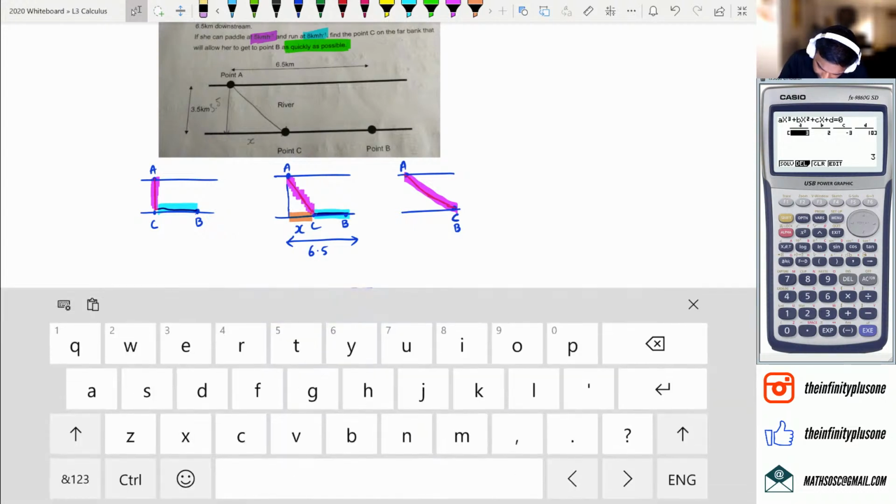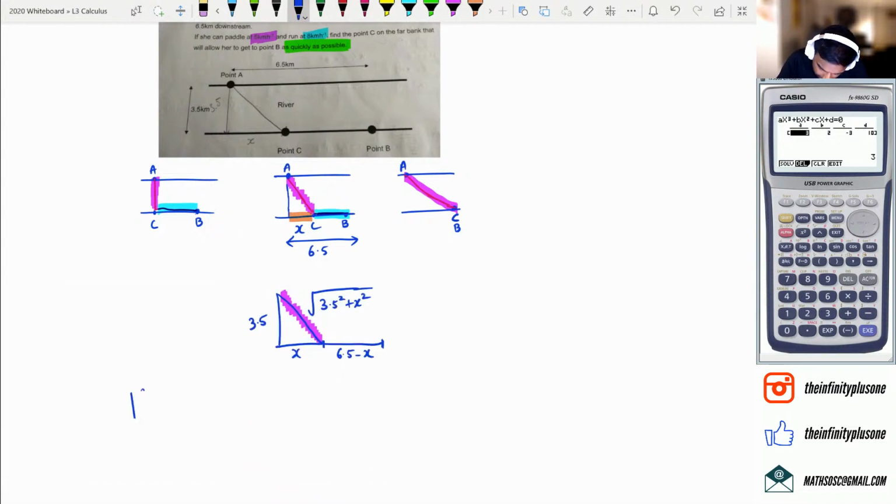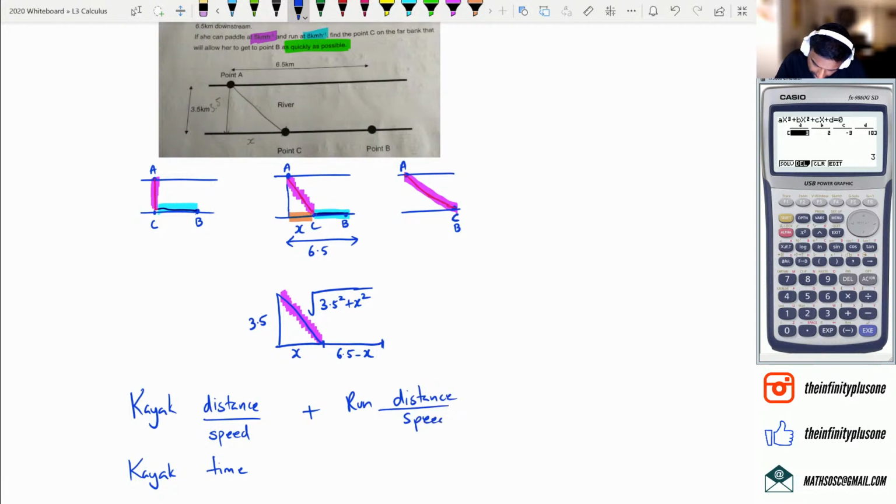So once we have that, we're going to have kayak distance divided by the speed is going to give us kayak time, plus running distance divided by speed is going to give us the run time.